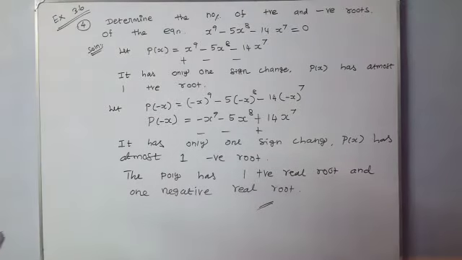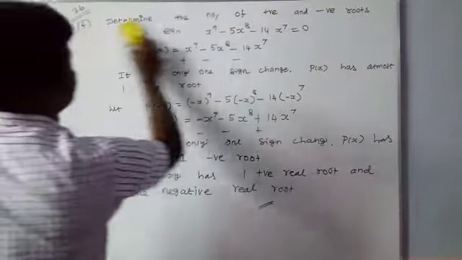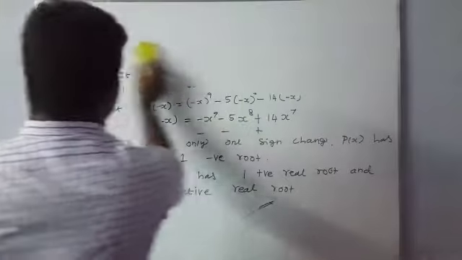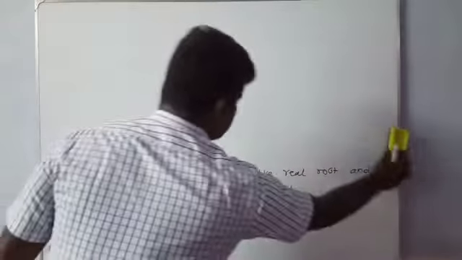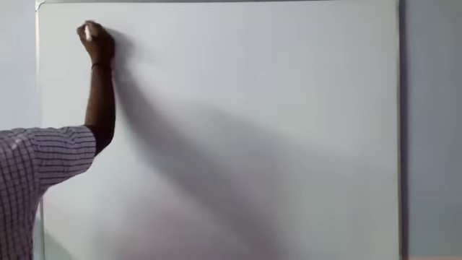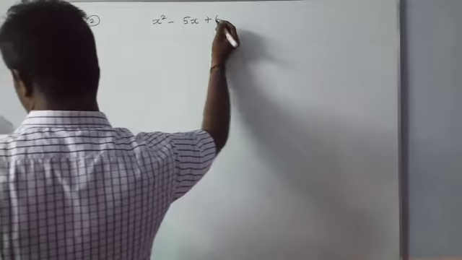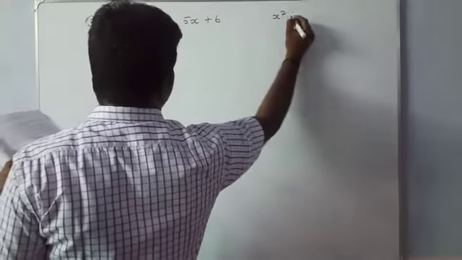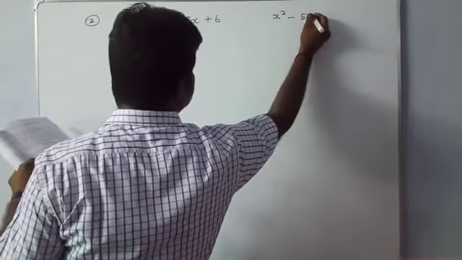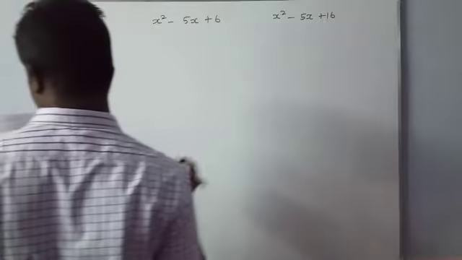Exercise 3.6, question number 2. Discuss the maximum possible number of positive and negative zeros of the polynomial x squared minus 5x plus 6 and x squared minus 5x plus 16.